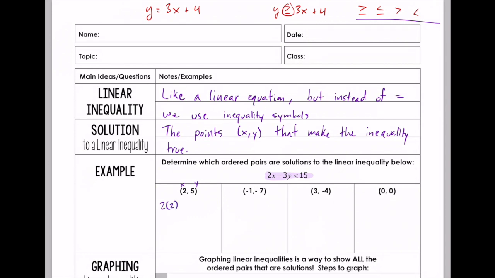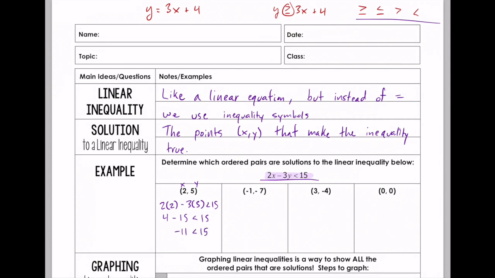So 2 times 2 minus 3 times 5 is less than 15. All I did was take this inequality and replace x and y with the numbers from my point. So 2 times 2 is 4, minus 3 times 5 is 15, is less than 15. 4 minus 15, that's negative 11.